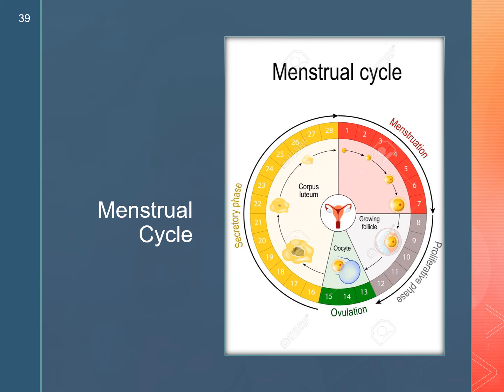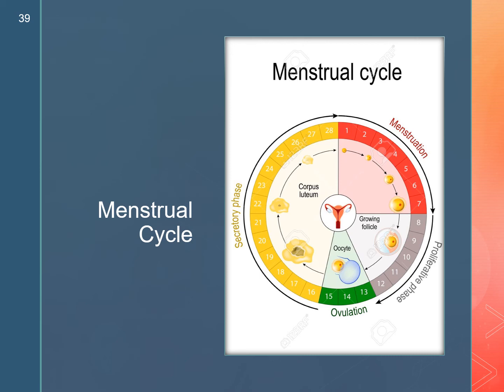So menses is going to be the start of the cycle, and then after menses, the next few days are going to be referred to as the proliferative phase, and this is where the uterine lining is going to be repairing itself. On day 14-ish, ovulation is going to occur. Moving forward from ovulation, we have the secretory phase.